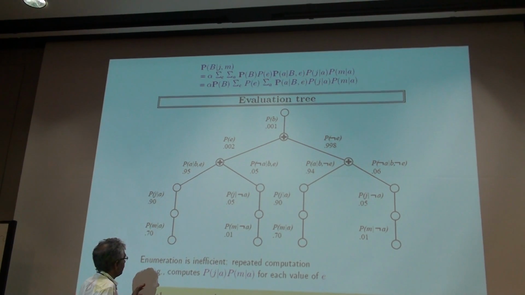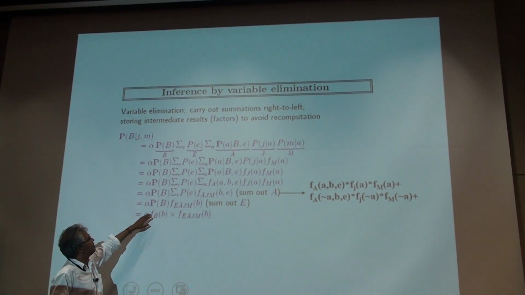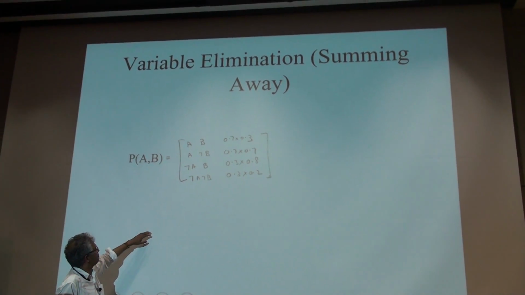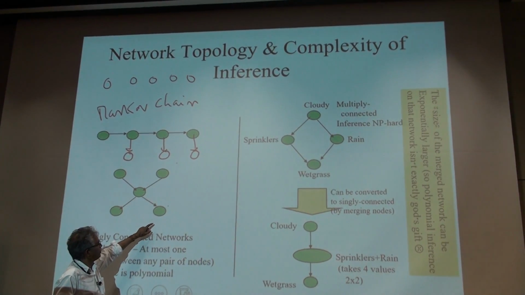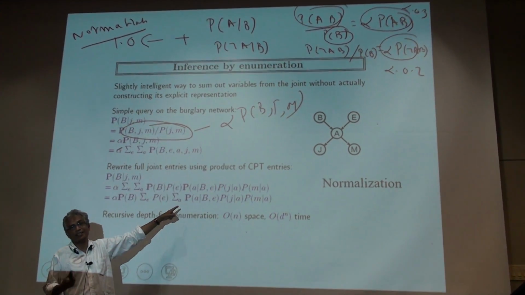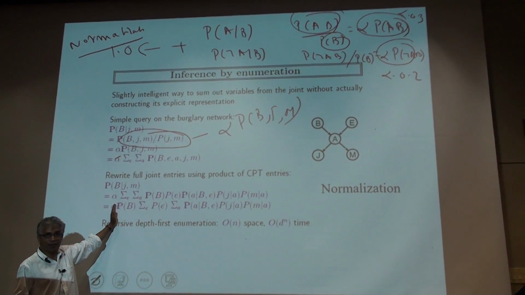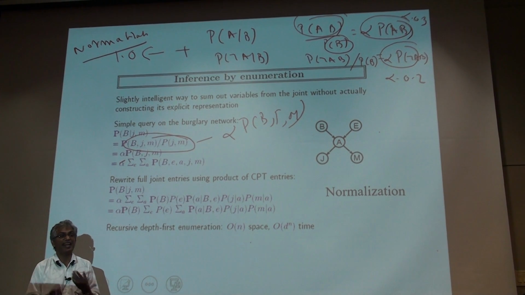Basically, if you eliminate the variables by pushing the summations inside, that reduces the size of the factors you keep around. If you put all the summation outside, that is effectively generating a 16 size matrix and then adding them.